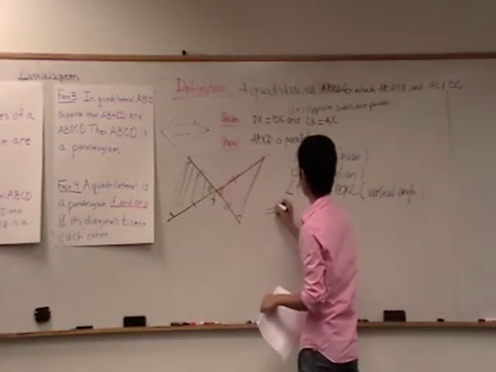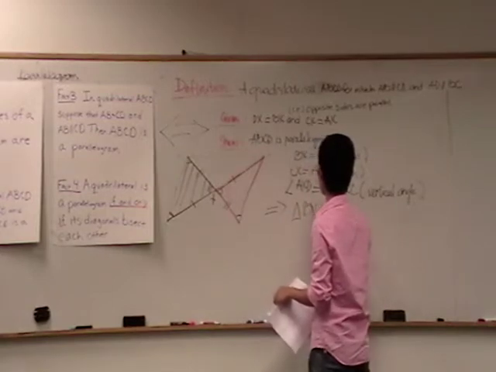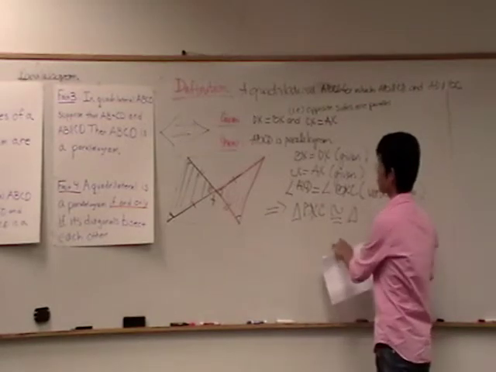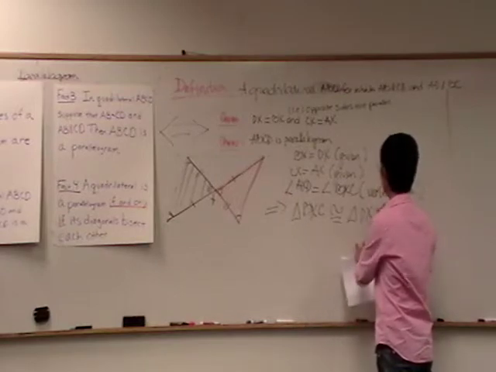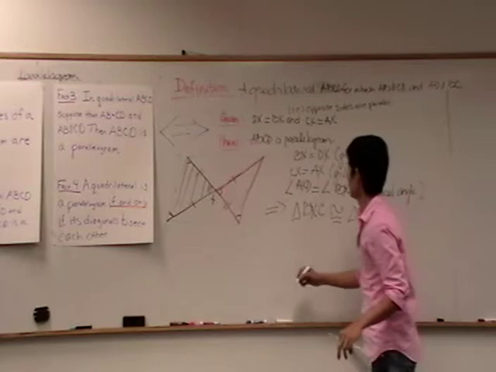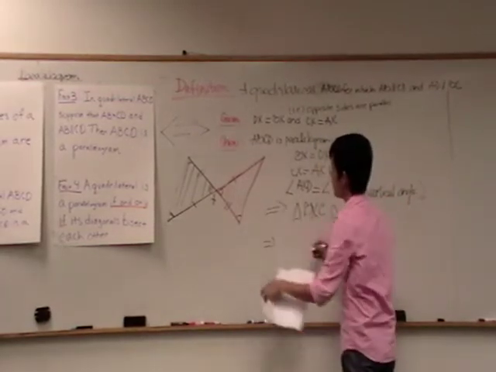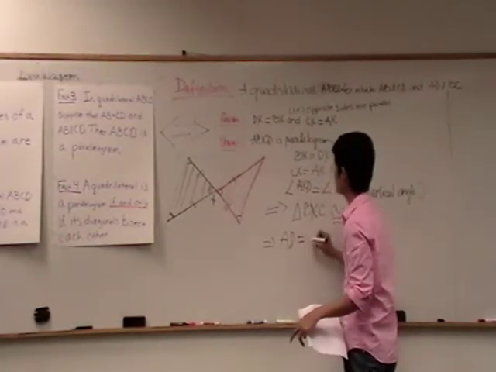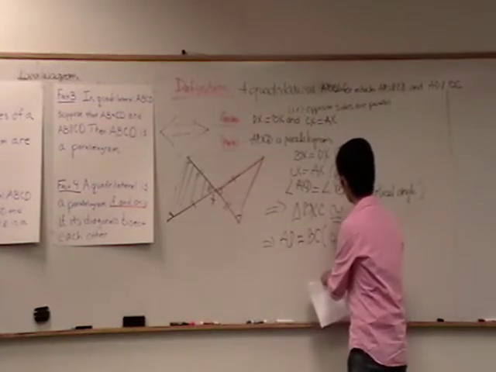So triangle BXC is congruent to triangle DXA. So from here we have AD equal BC, those are corresponding sides.